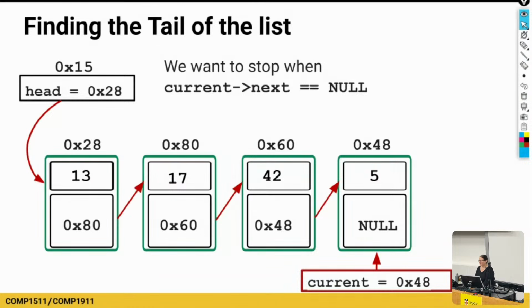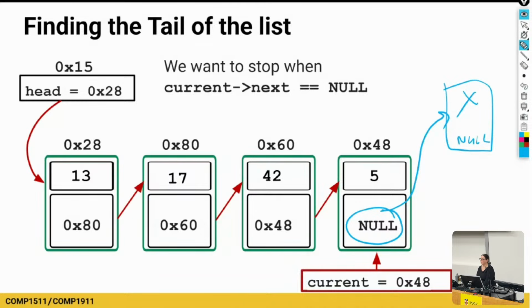Now, once we're there, basically we just want to create another node, and this new node will be the last one in the list. So it's going to point to null itself. But now we want to take this one and connect it up to this new node that we create. So we want to change this value here. What's this value here called?